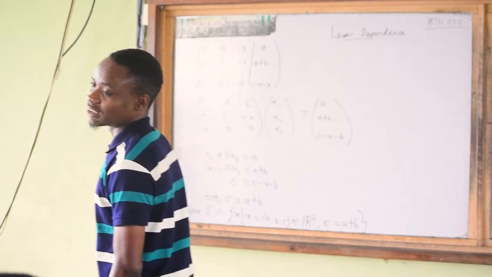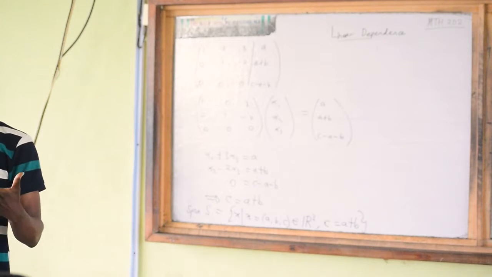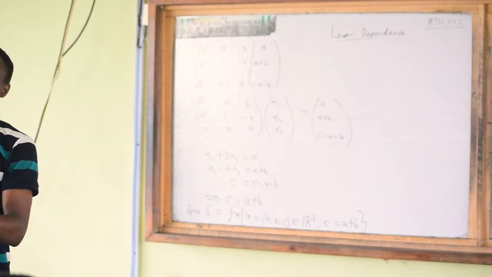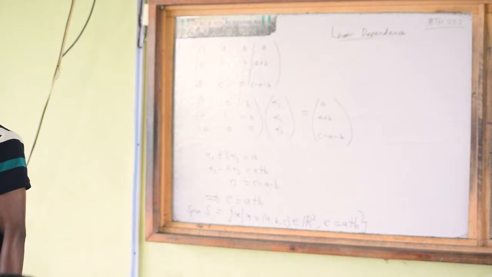Okay, so look at it. Let's use sets. The intersection of any collection of subsets of a set will also be a subset of that set. Do you understand what I just said?